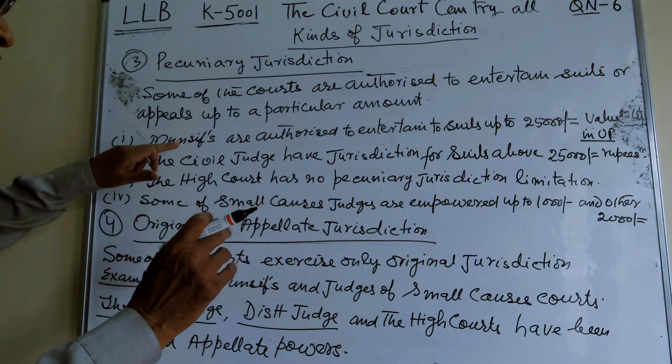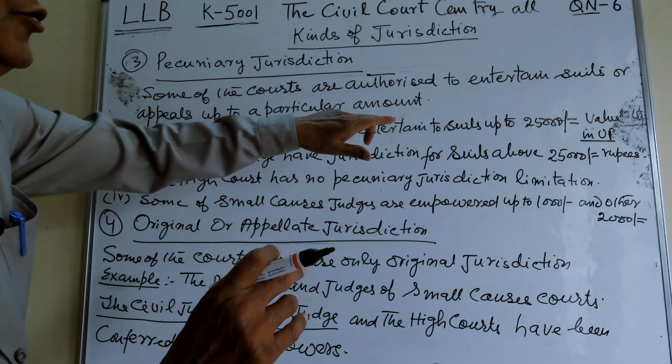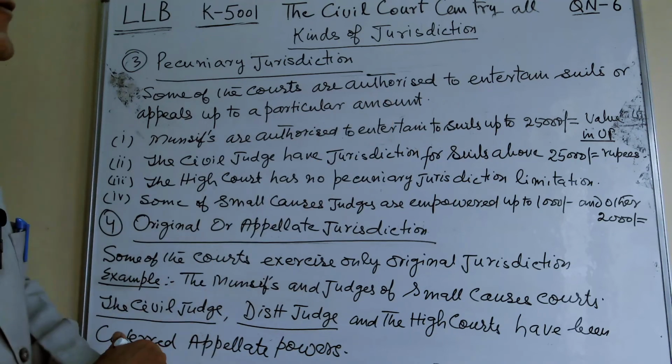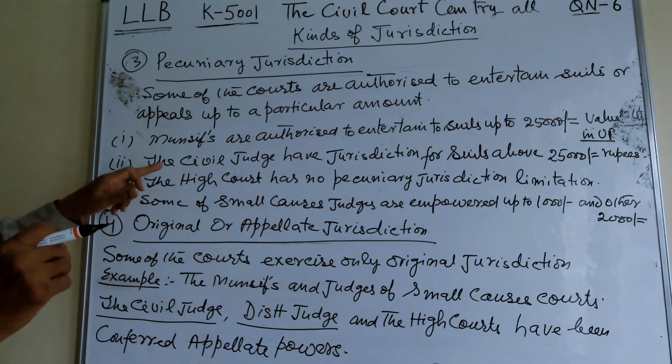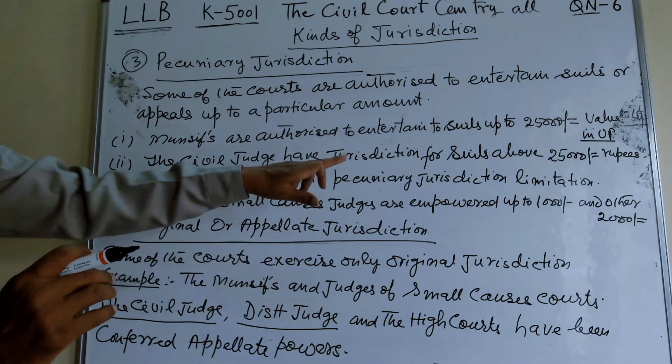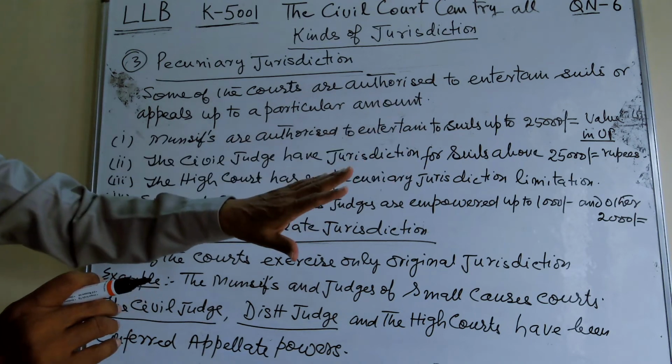First, munsifs are authorized to entertain suits up to 25,000 value in UP. Second, the civil judge has jurisdiction for suits above 25,000 rupees.